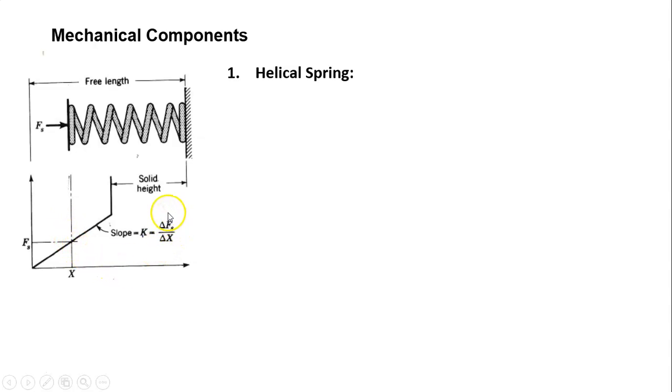Now we know that when a force is applied, the spring gets compressed. Therefore, the spring will offer resistance to its compression, and that resistance is known as spring force.